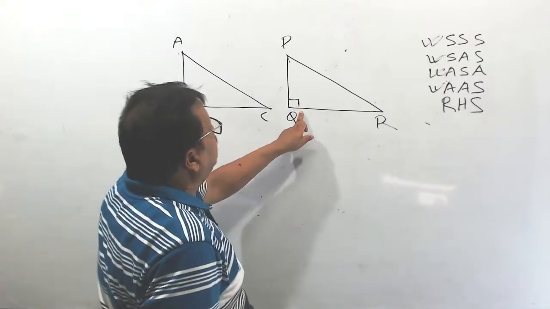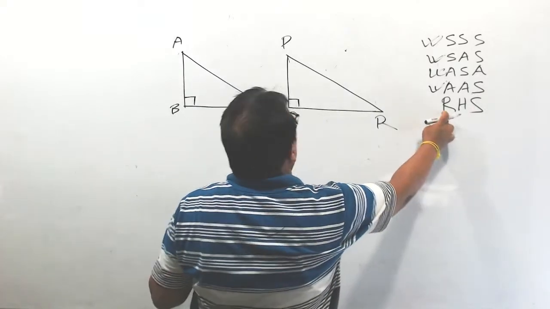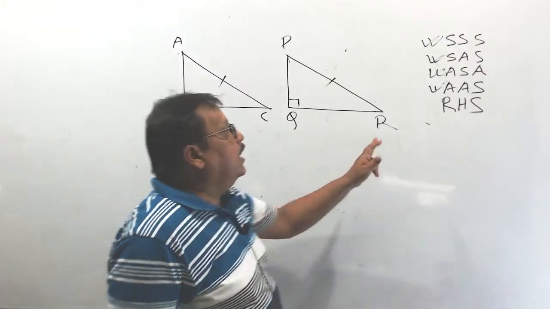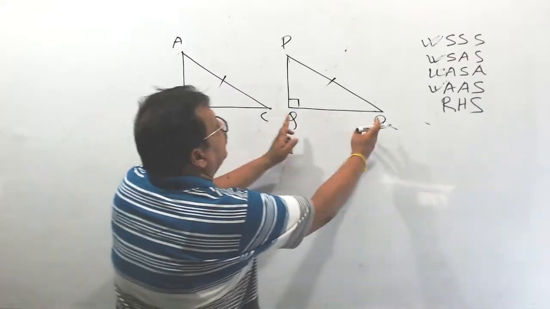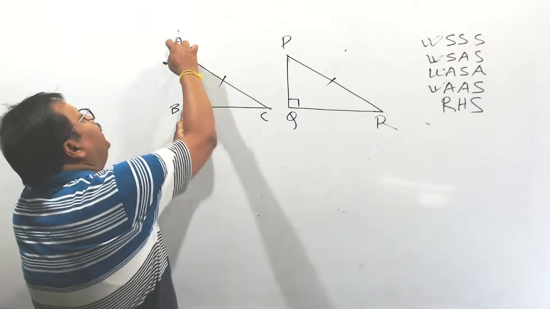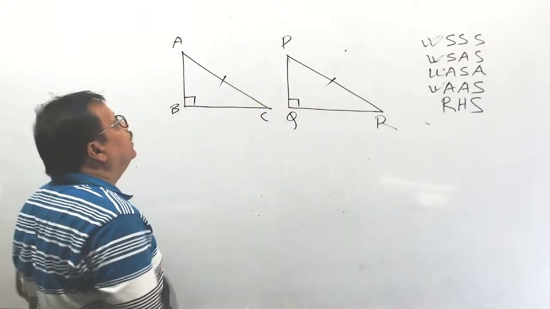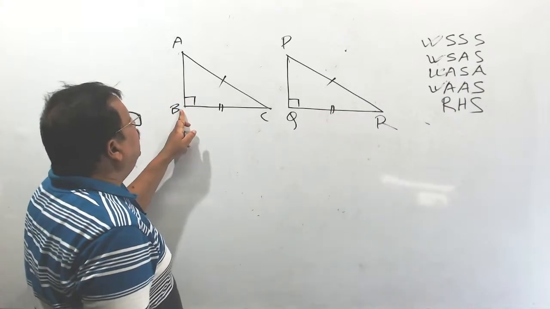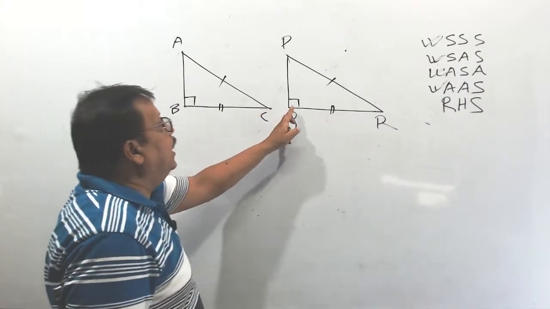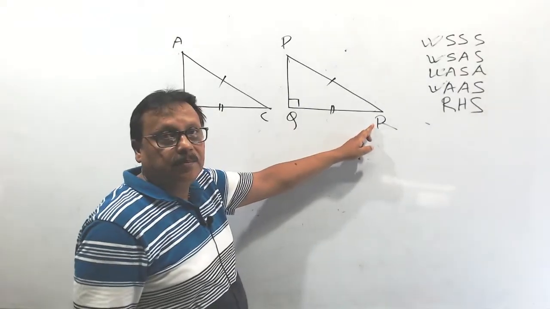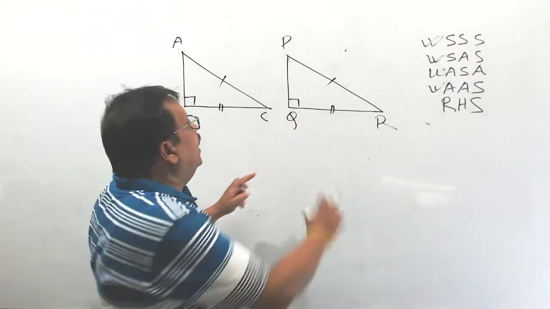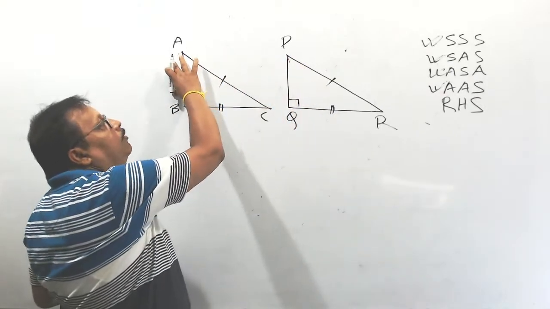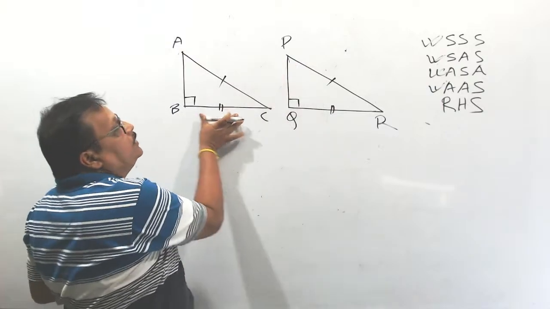Now right angle, hypotenuse. This side equal to this side, the hypotenuse. And a side: any side, if you consider BC equal to QR, or you can consider BA equal to QP. Any one. Right angle, hypotenuse, here PR. And any side, either this or this. If you consider this one, then AB will be equal to PQ, or BC is equal to QR.